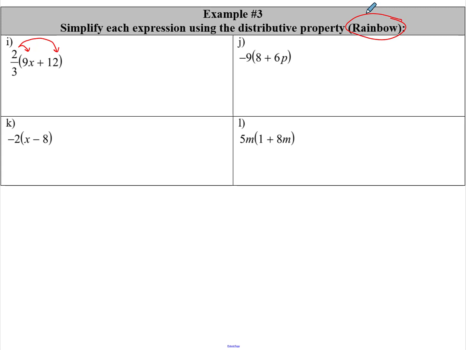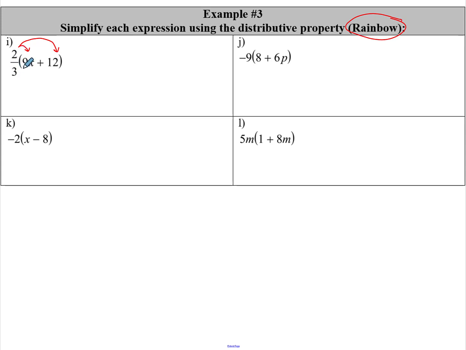But we are multiplying from this term that is outside of the parenthesis into both of the terms inside. So if we have a positive 2/3 times a 9x, remember, we can simplify this by dividing this number by the numerator, or you can multiply this number to the numerator and then divide by the denominator.